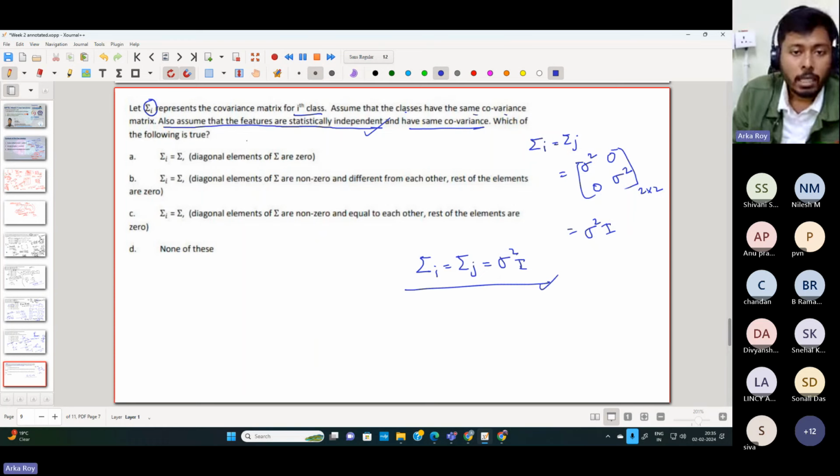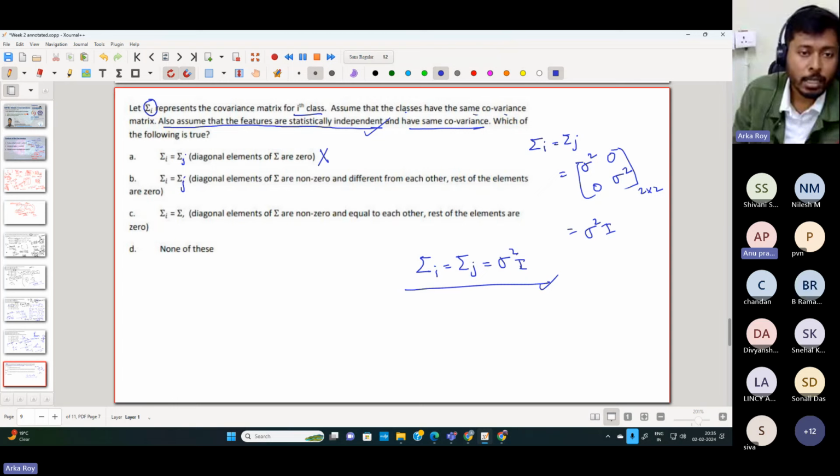So which of these are true? Sigma I is equal to sigma j and diagonal elements of sigma are 0. Is it true? No, sir.